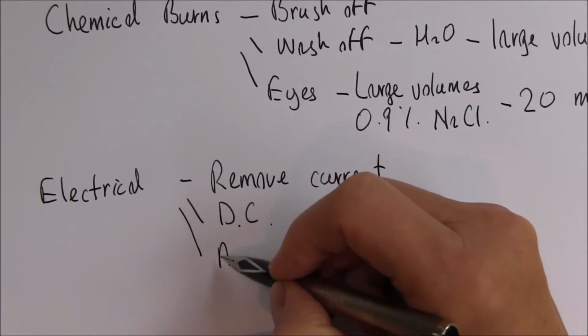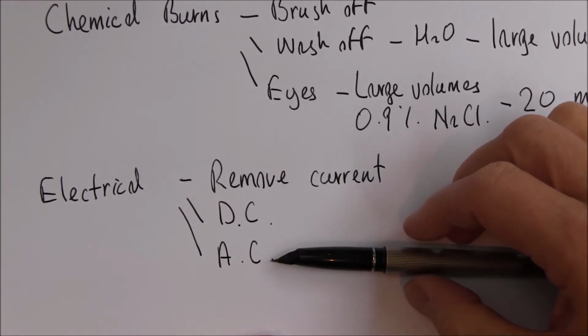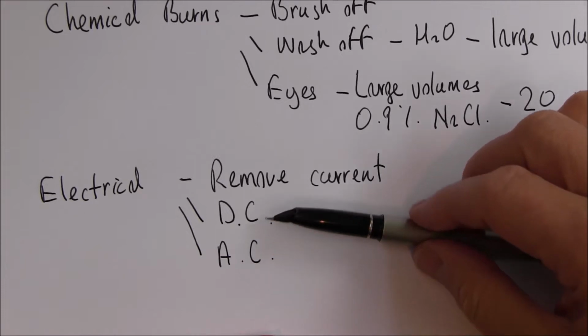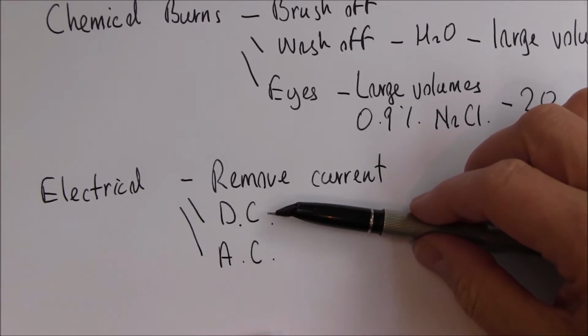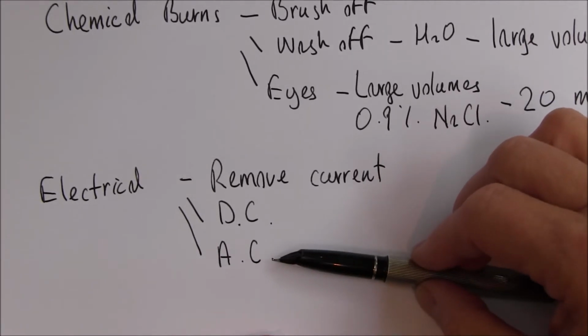And with alternating current, also dangerous, but like a 100 volt shock AC and 100 volt DC, it's the 100 volt DC shock that is much more dangerous, the direct current, because the alternating current is switching on and off usually 50 times a second.